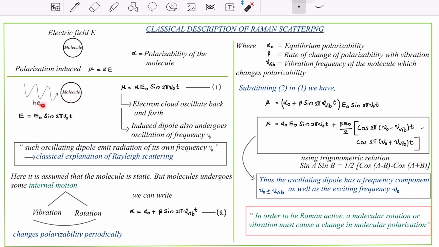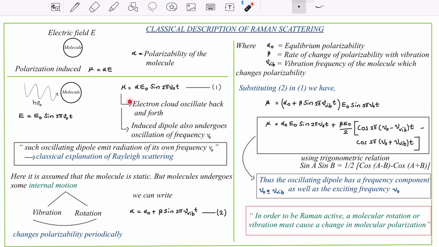Now consider the situation where the molecule is interacting with a monochromatic beam of radiation h nu 0. Actually the molecule is interacting with the electric field of the electromagnetic radiation, which we can represent as E is equal to E0 sine 2 pi nu 0 t, and as a result the induced polarization becomes mu is equal to alpha E0 sine 2 pi nu 0 t.